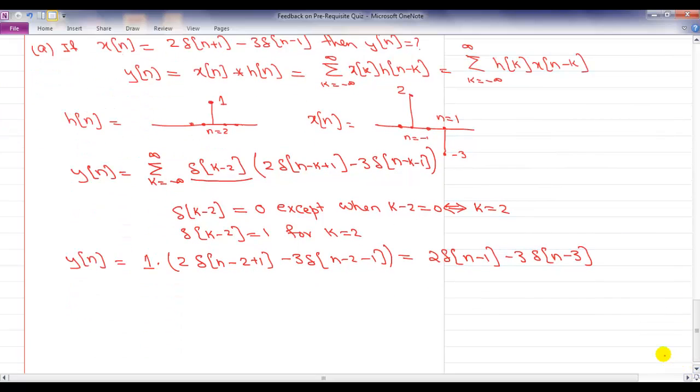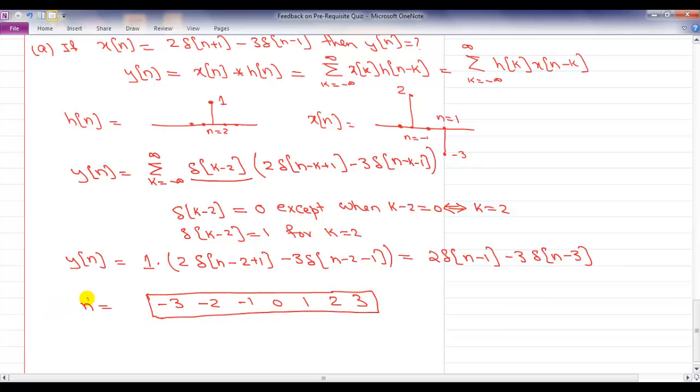You can use the flip and slide rule also for this. In that case, let's write the indices here. I'll go from, let's say, minus 3, minus 2, minus 1, 0, 1, 2, 3. These are my indices. I'll write k here.